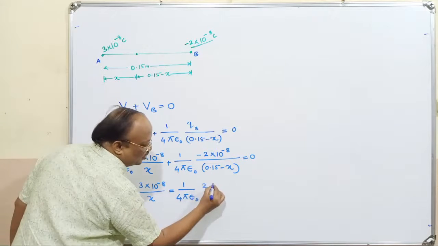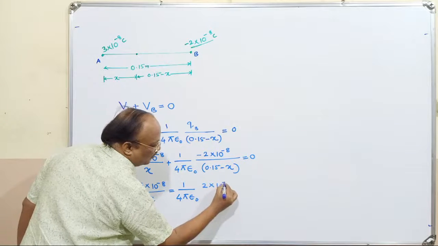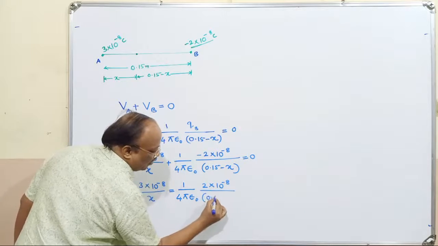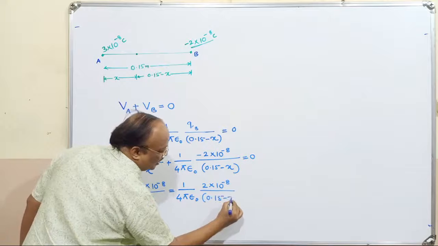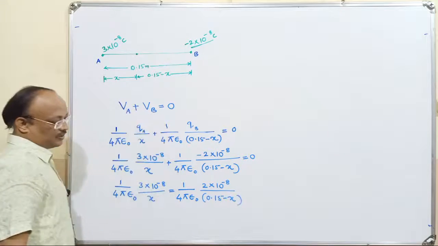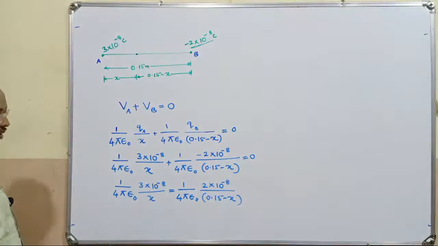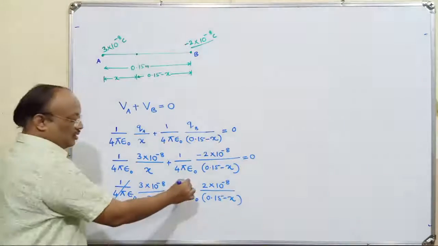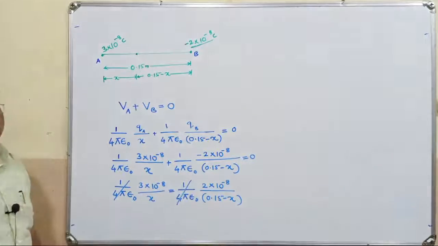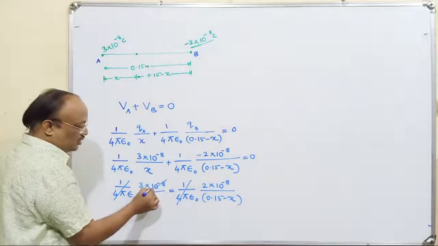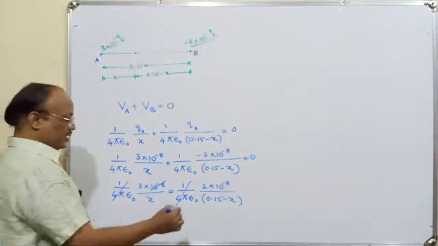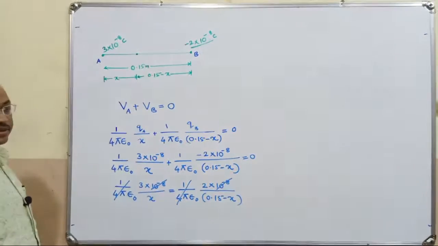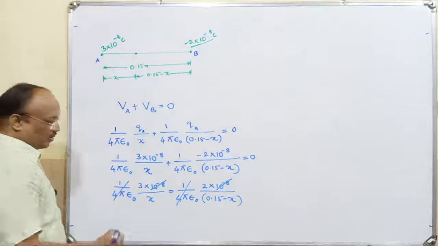It is (2 into 10 to the power of minus 8) whole divided by (0.15 minus x). So the 1 by 4 pi epsilon naught cancels, and the 10 to the power of minus 8 cancels.